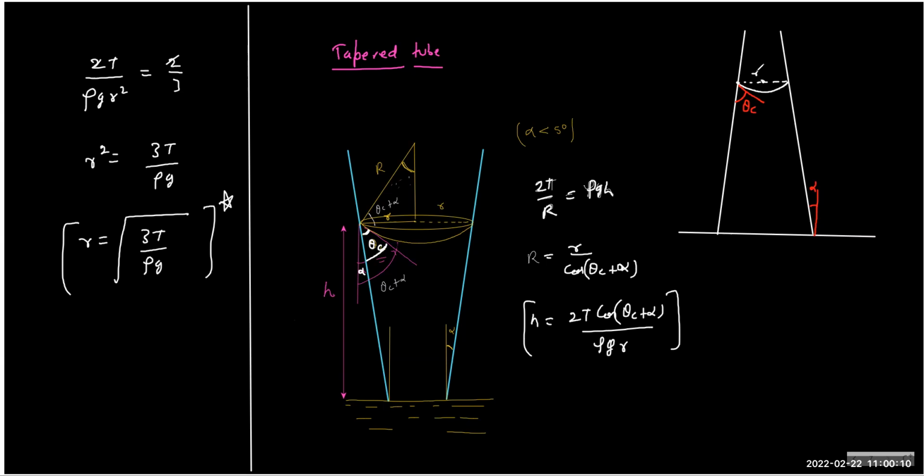So tell me, guys, what will be the answer for the h in this case? So what you can write? So h is equal to 2T cos theta c minus alpha by rho g r. Correct.